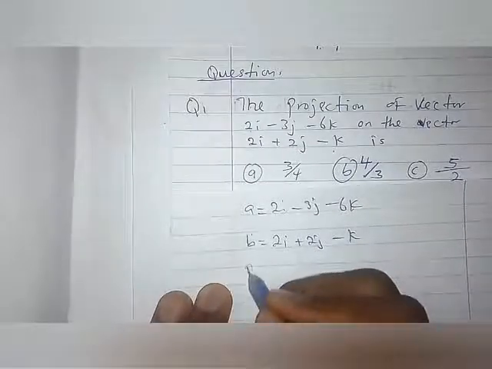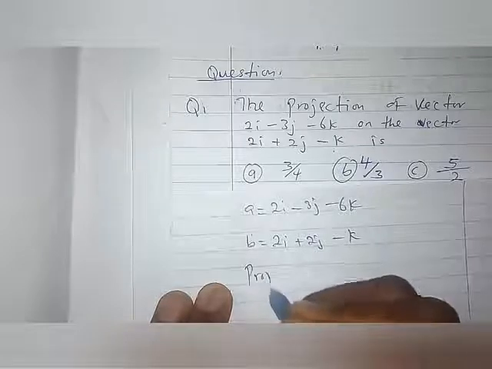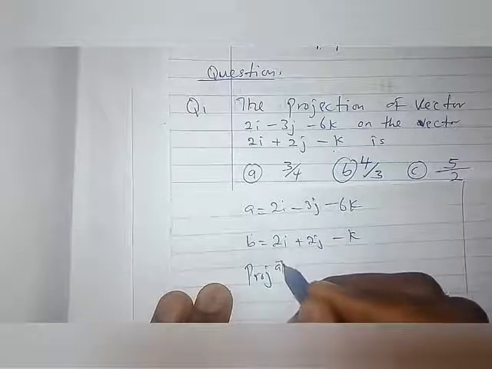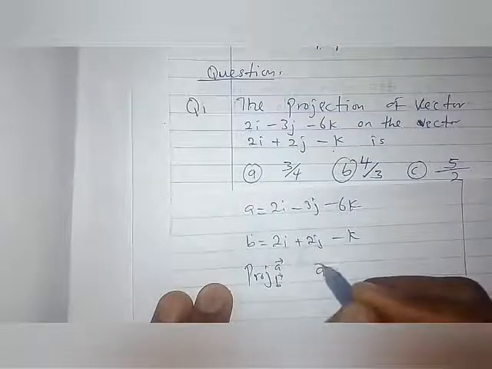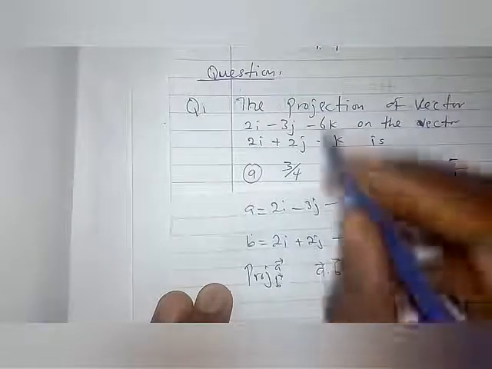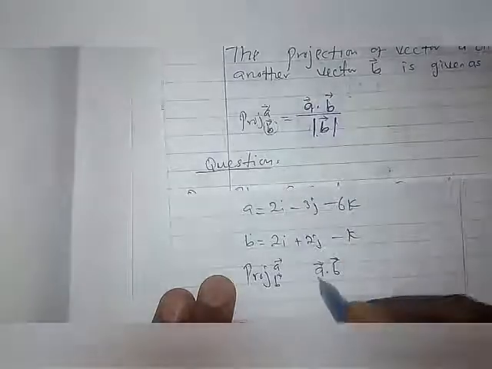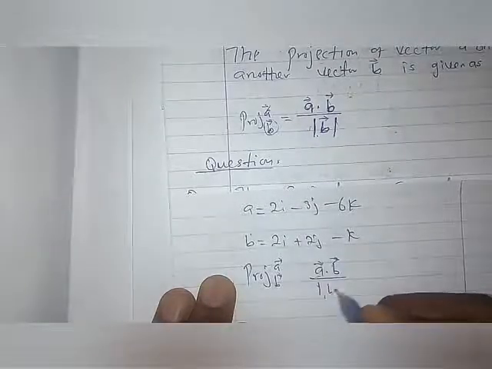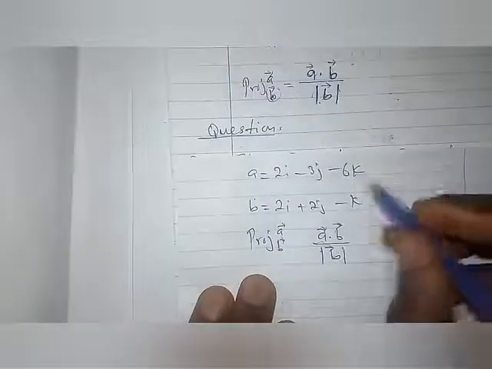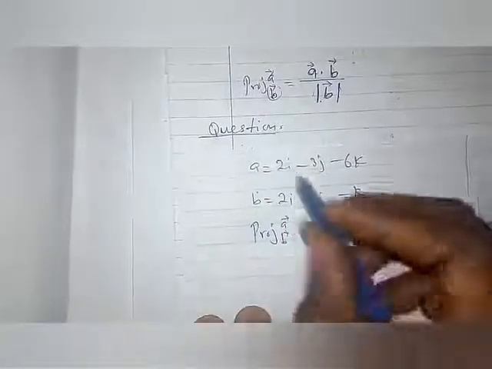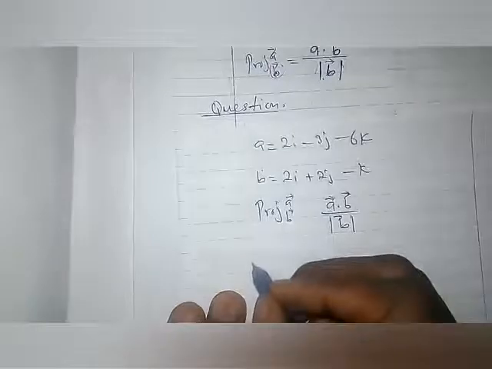and we know that the projection of vector A onto vector B is given as vector A dot vector B, all over the magnitude of vector B. So we are going to find the dot of these two vectors.